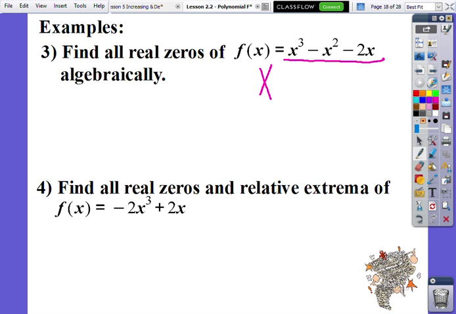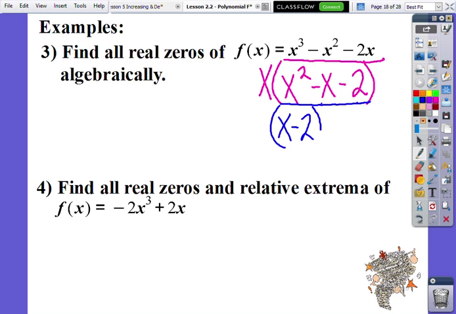The GCF is x. So that leaves me with x squared minus x minus 2. Well, then if I look at this x squared minus x minus 2, I can look to say what multiplies to give me negative 2 and adds to give me negative 1. Well, that is x minus 2 times x plus 1.